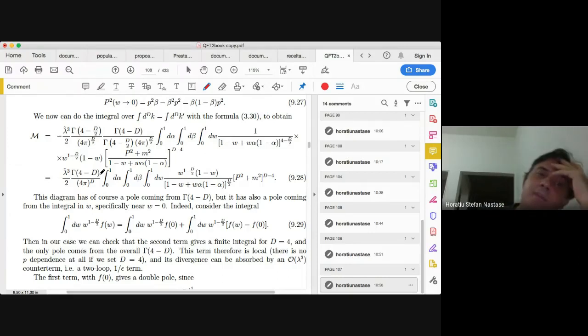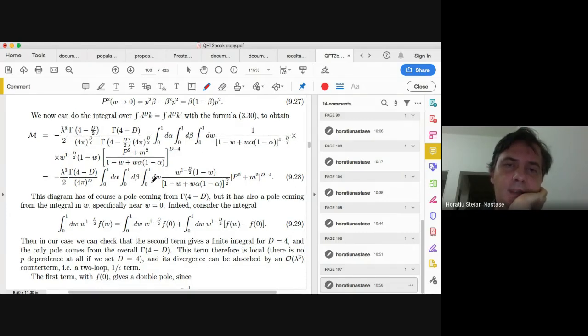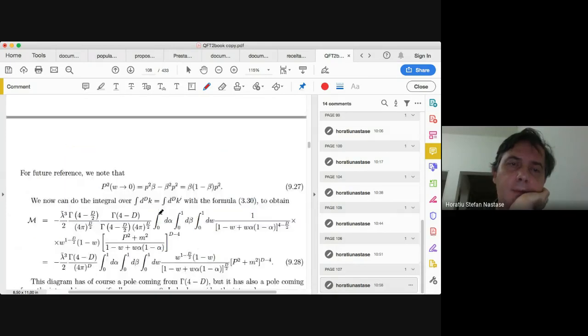That's a 1 over epsilon pole. All right, so that's already divergent. We expected that. But there's another pole that comes from near w equal to 0. That's why I observed what happens to this p squared when w goes to 0.